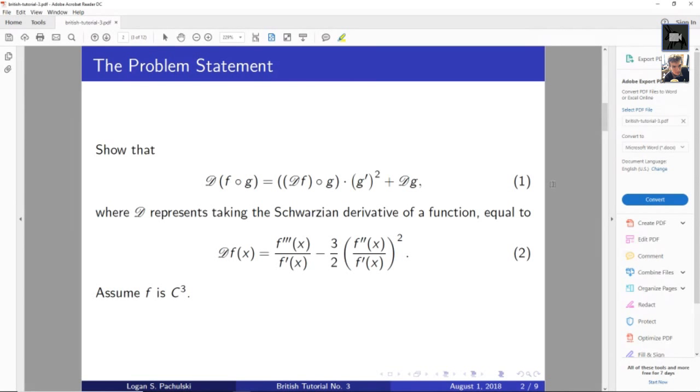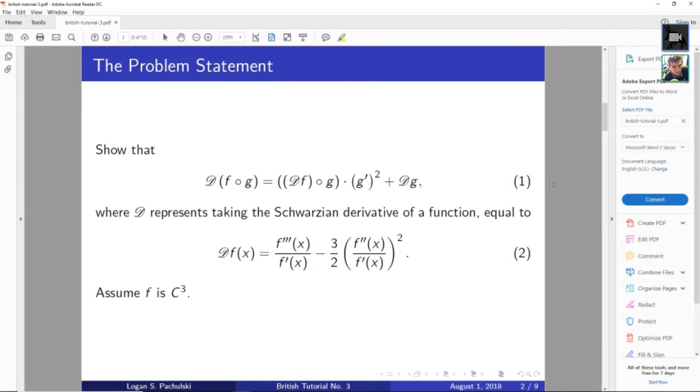Well, I guess I could just talk it out. Our equation 1, where the Schwarzian of f composed with f, is going to be equal to the Schwarzian of f composed with f times f prime squared plus Schwarzian of f.